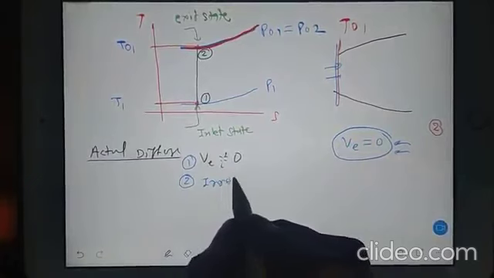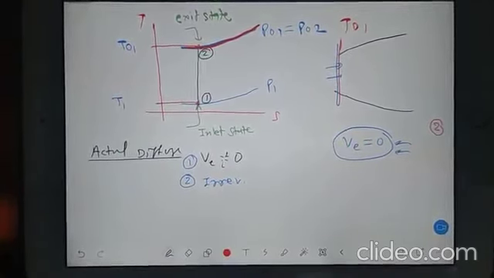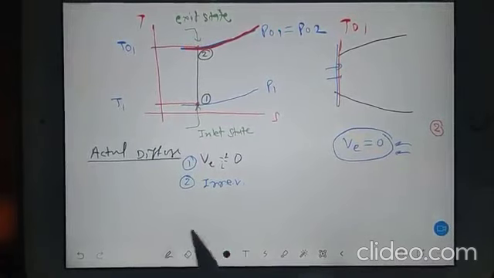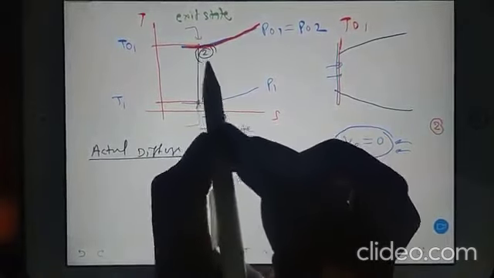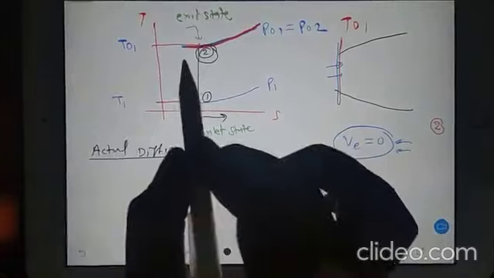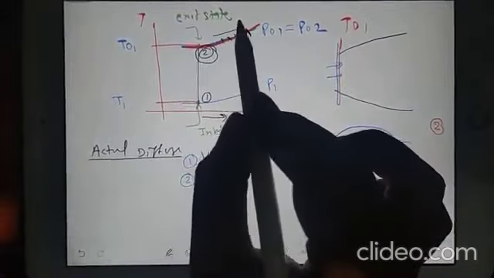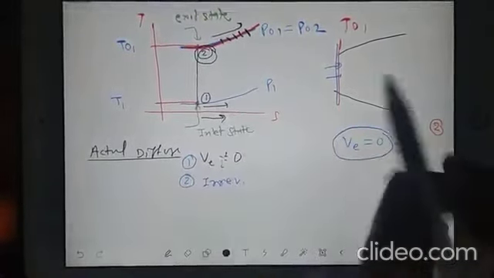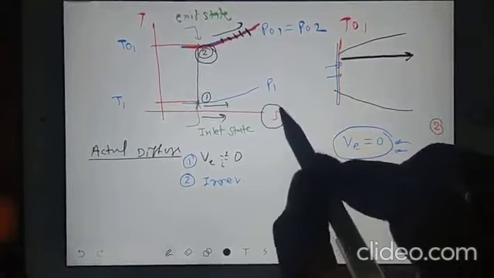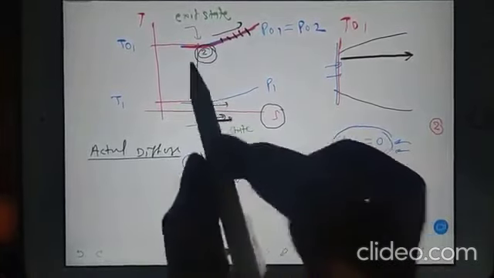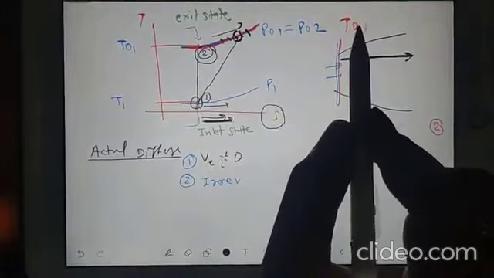irreversibility. We have irreversibility. So when you have irreversibility, then what will happen? Your entropy will increase. So your second state you will not achieve here. Your second state you will achieve somewhere on this line, somewhere here, because entropy is increasing. So while traveling this much length, how much entropy we have achieved? So according to that much entropy, you will start from here, but you will go somewhere here, right?